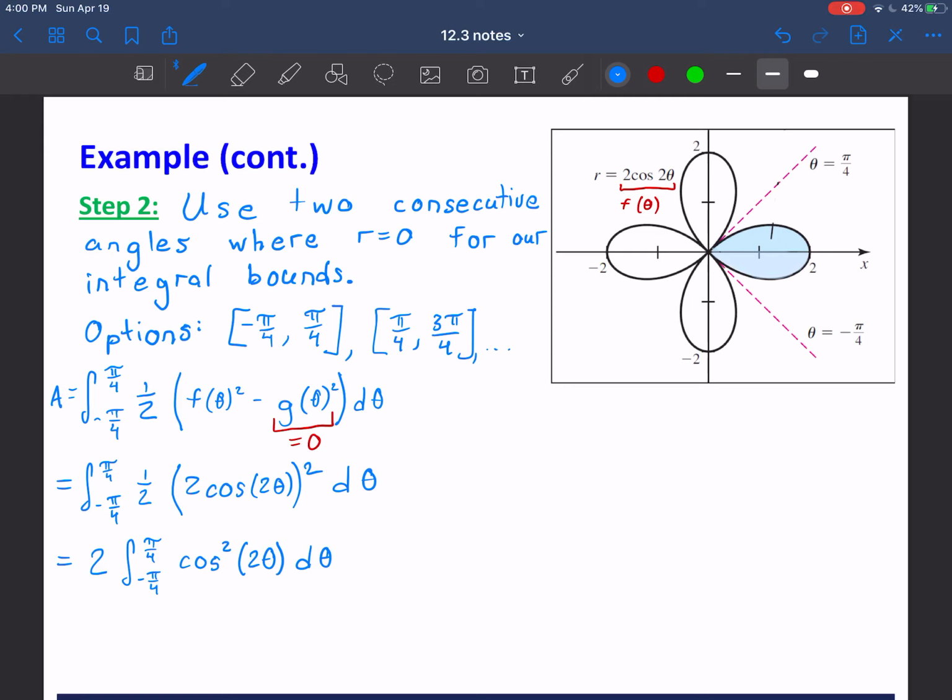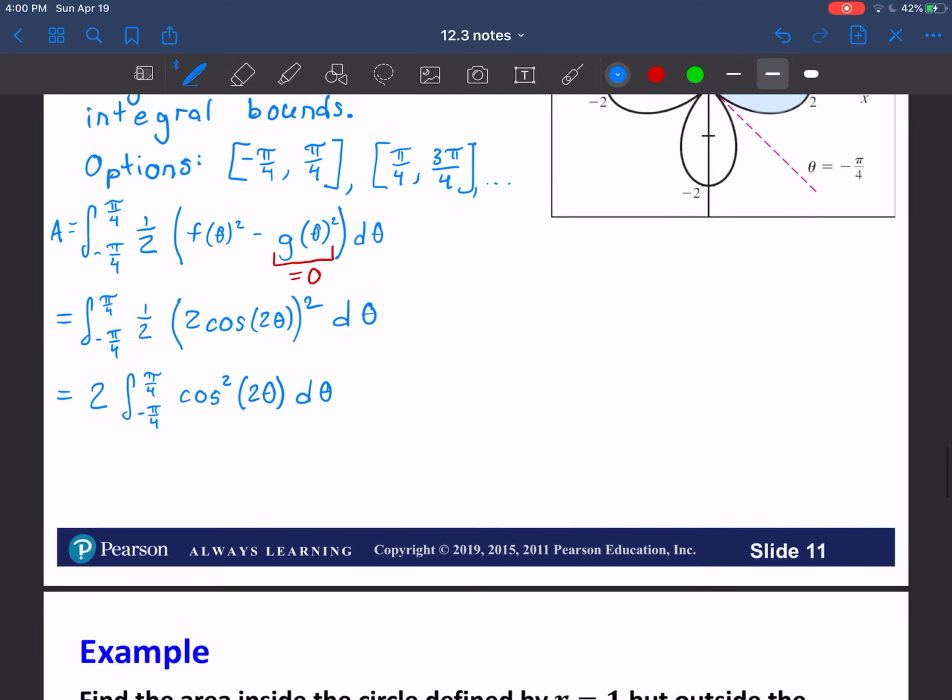Alright, the next thing we do is we notice that this is a function for which we can use symmetry to help us out a little bit. We can use symmetry to notice that if we calculate just half of the area of a petal and multiply it by 2, we would get the full area of the petal. So we're going to calculate half of this area and multiply it by 2.